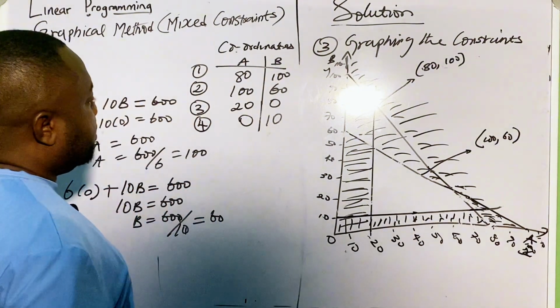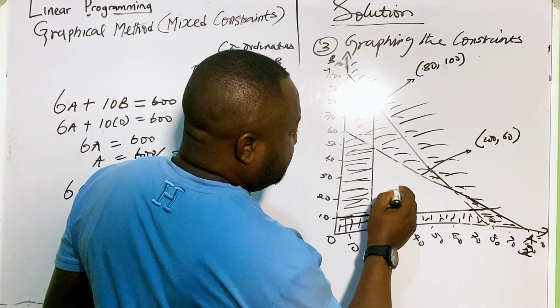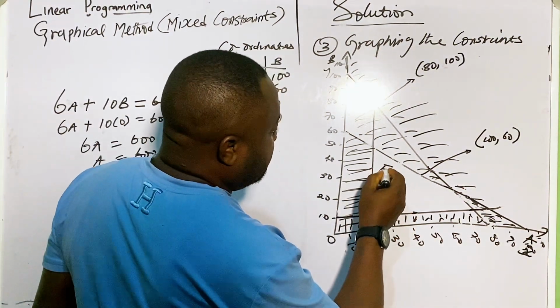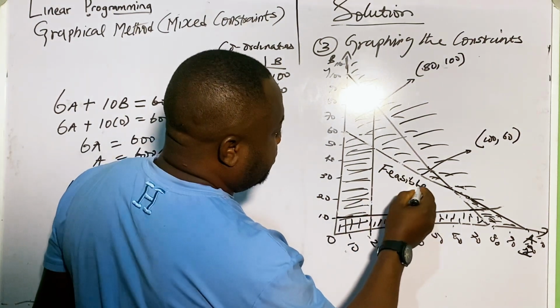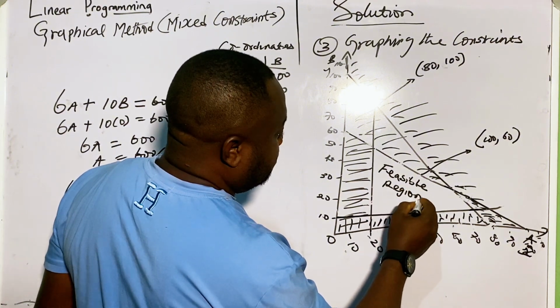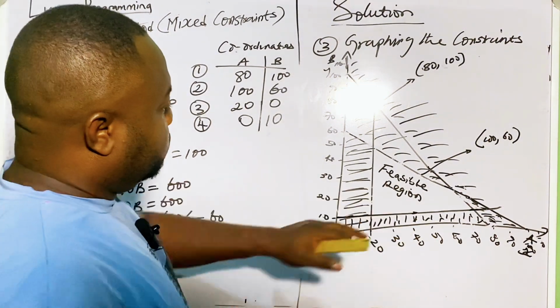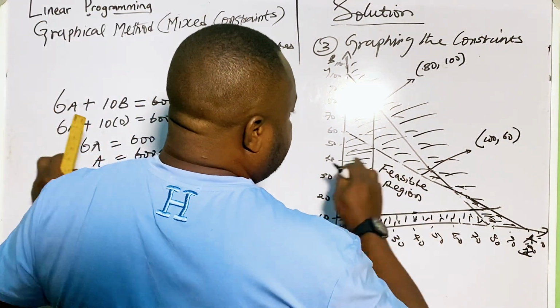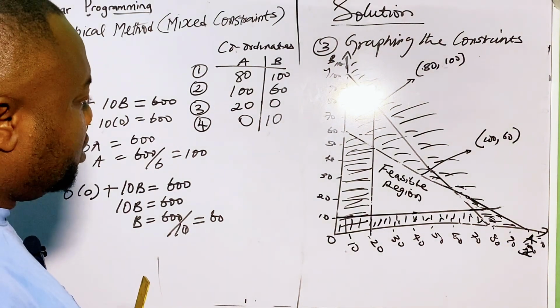So having graphed all the constraints, we can now see that this place is our feasible region, and this is the region of optimal combination of production.